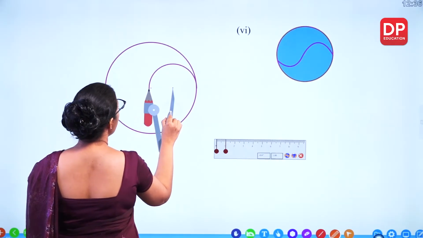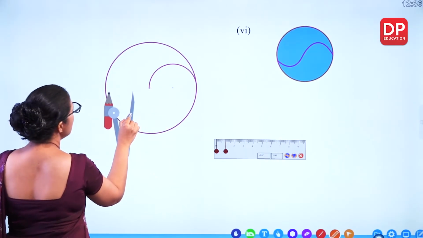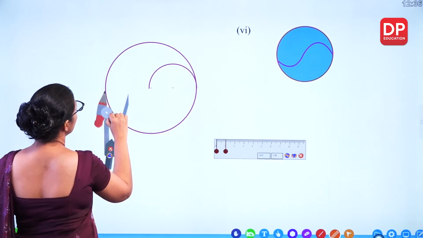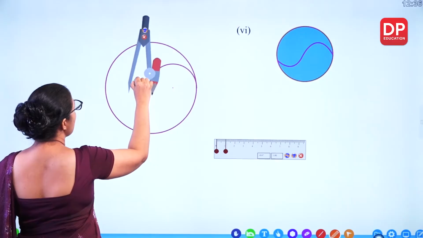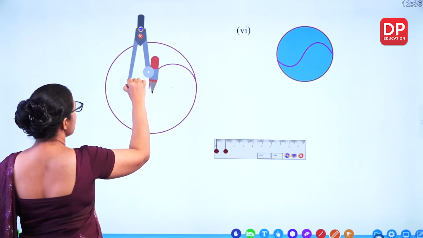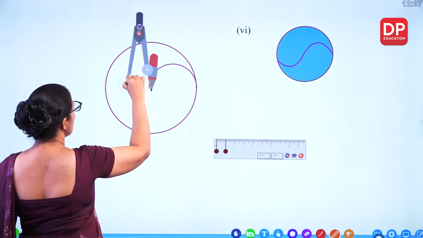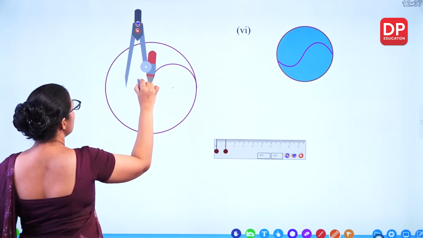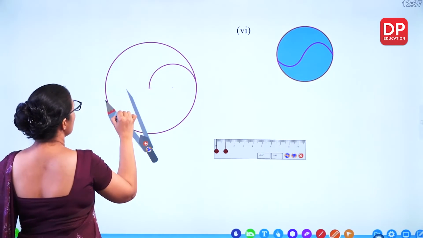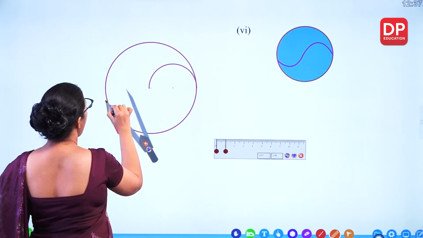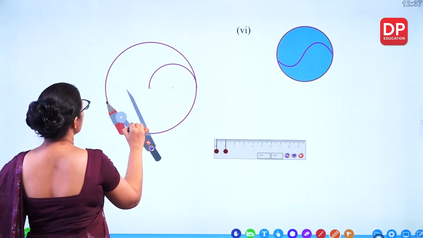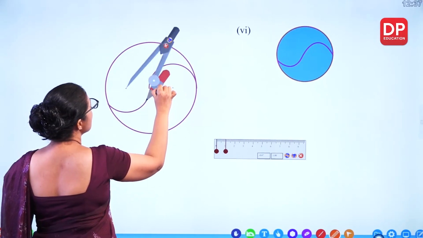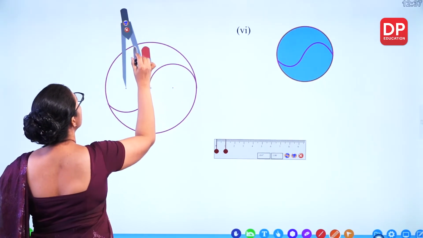So you keep here in between these two and we can continue this in between these two. If I keep somewhere here, so you can draw up to this point. So here we'll draw the other arc somewhere here.